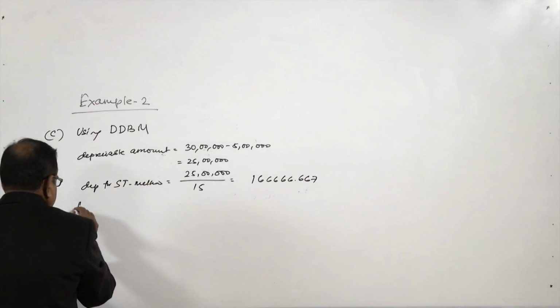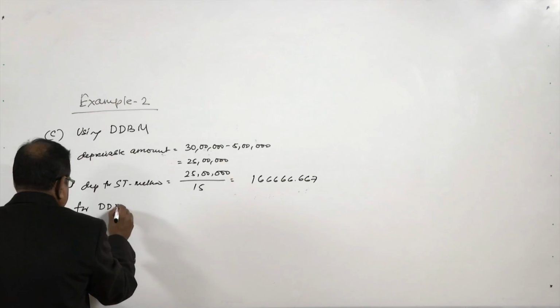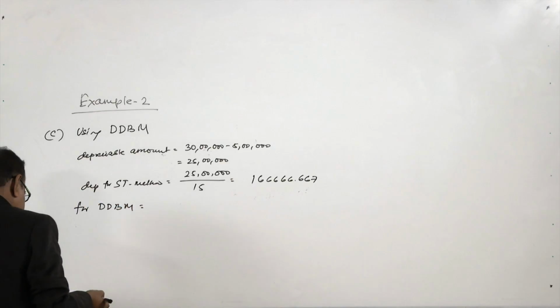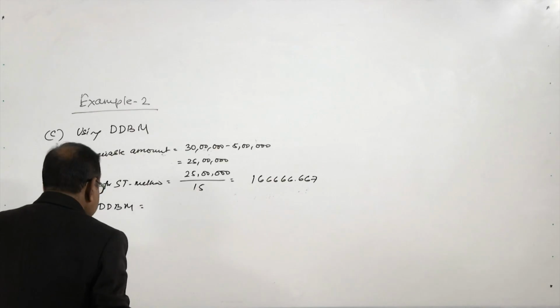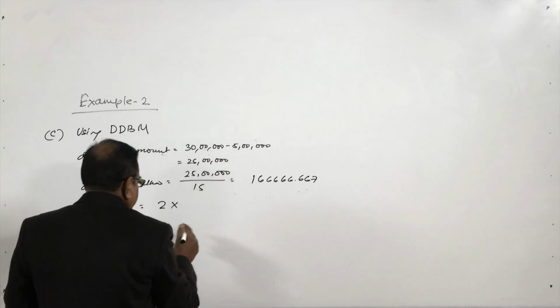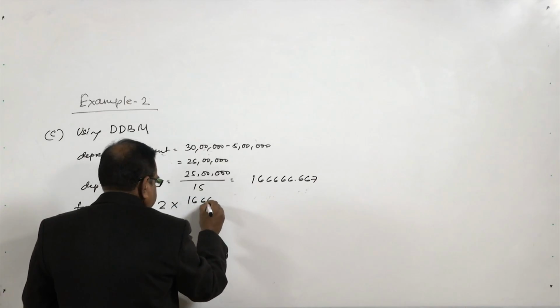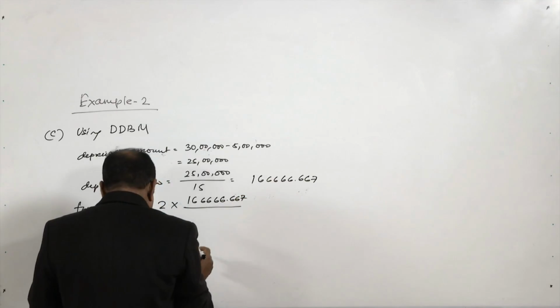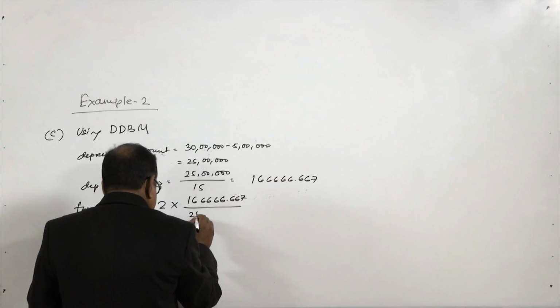Now, for DDBM, the depreciation will be twice into the fraction 166666.667 divided by 25,000.